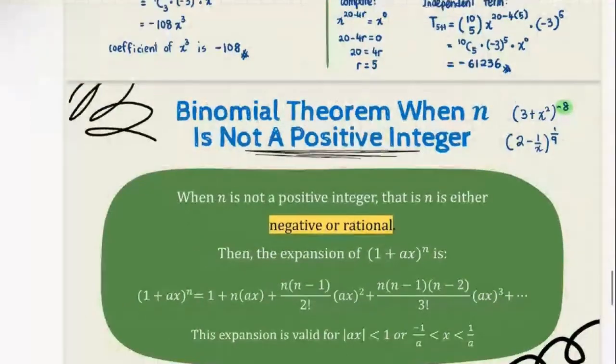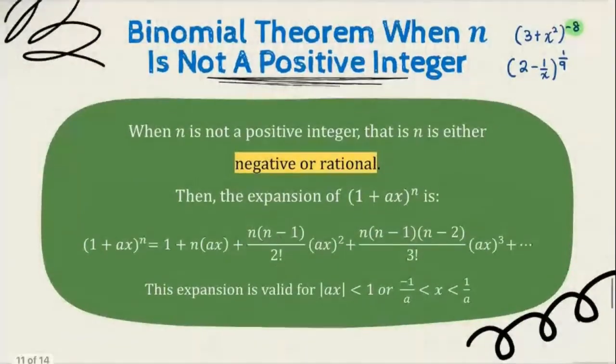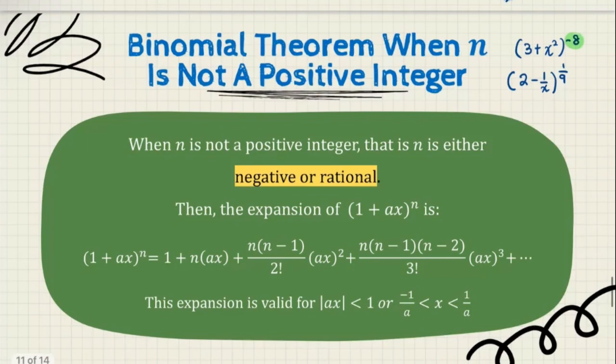Nanti saya ajarkan macam mana nak convert kepada satu lah. Okay, so what is the expansion? So the expansion will be (1 plus ax) to the power of n equals, so dia akan start dengan 1, always start dengan 1. So plus n darabkan dengan ax to the power of 1.